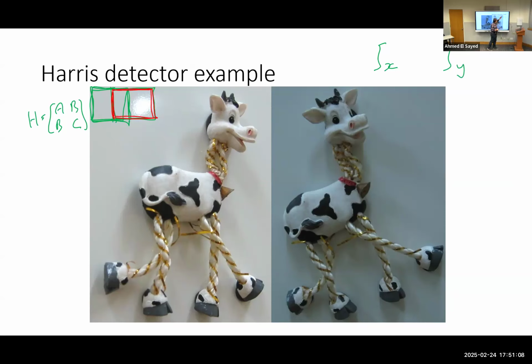Do I need all those points around this point or this region to find the corner? They said, no, not really. So I can give higher priority to the middle and lower priority to the points around it. What does this mean?